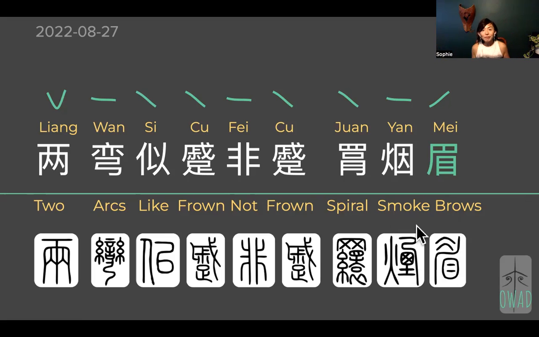It's a sort of visual representation of the air you see coming from the fire. So fire air is what this is about. So that's smoke. So we have spiraling smoke eyebrows. Interesting way to describe a female eyebrow.